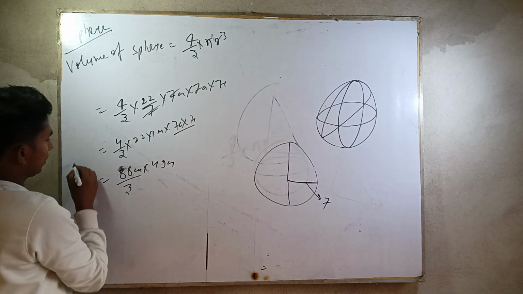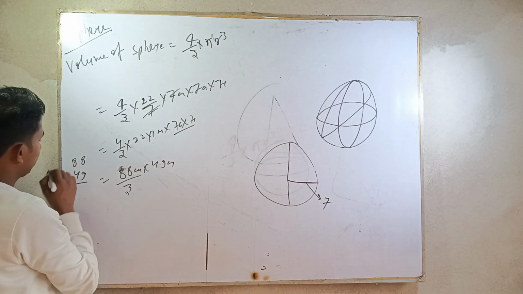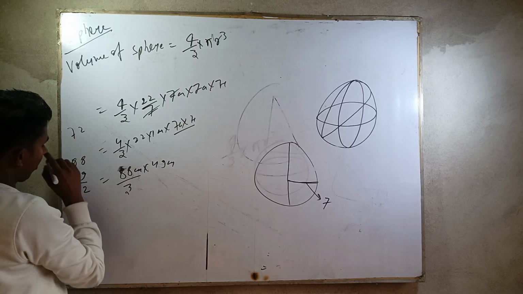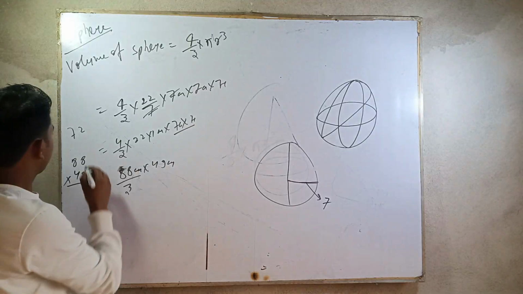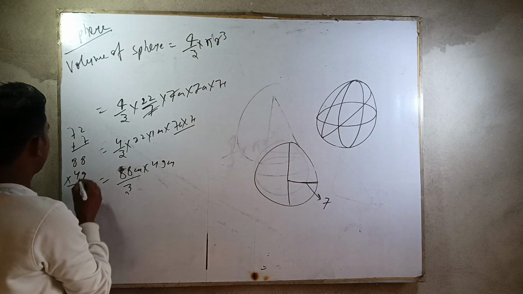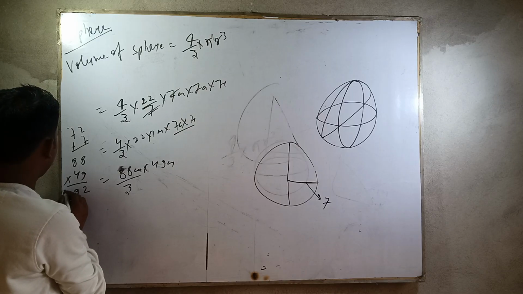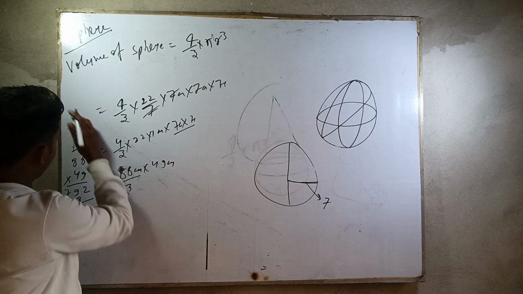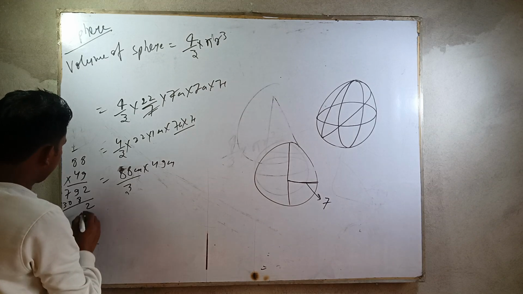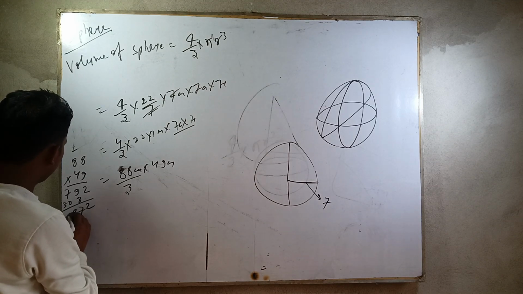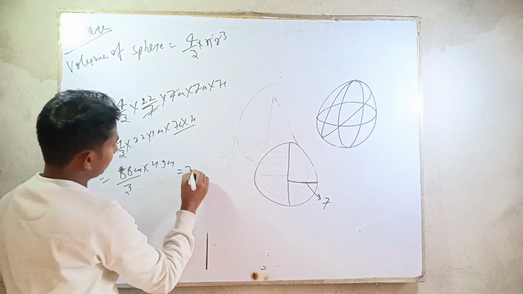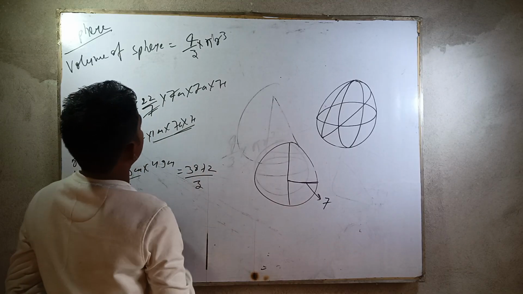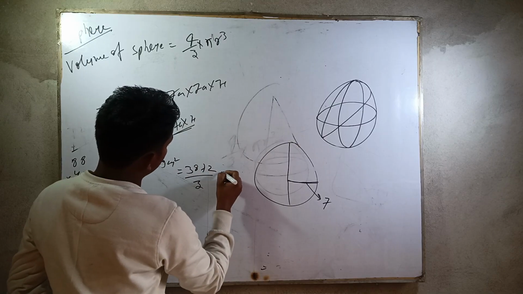If I multiply 88 by 49, it will be 4312, so the value is 3872 by 3 centimeter cube.